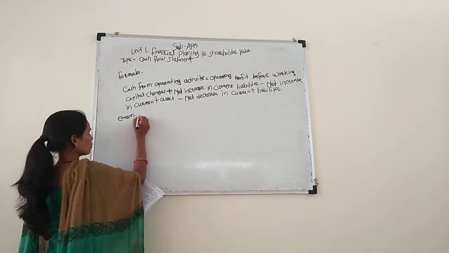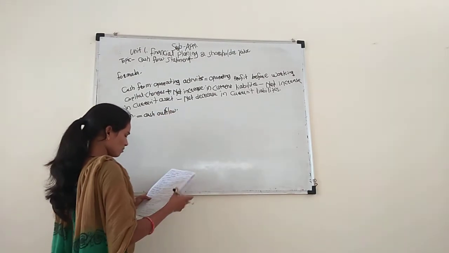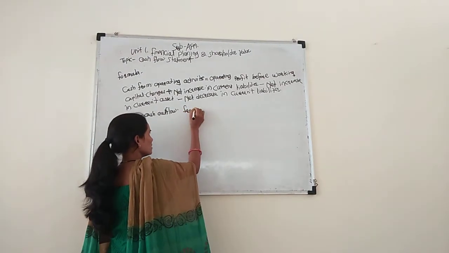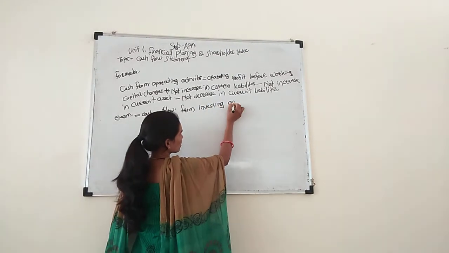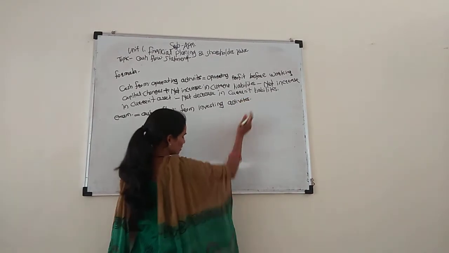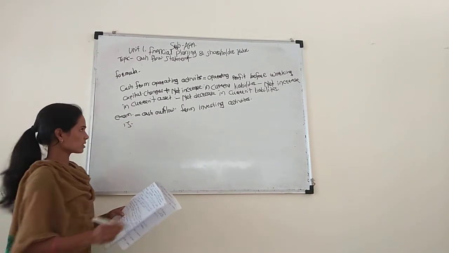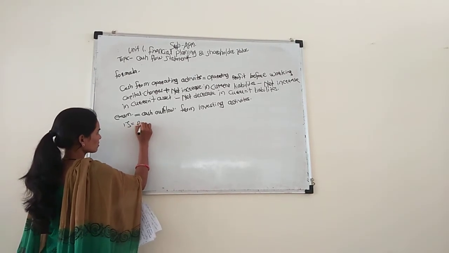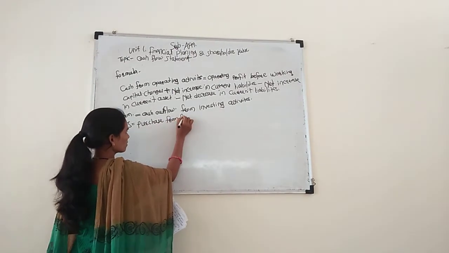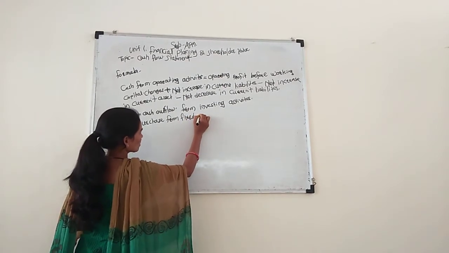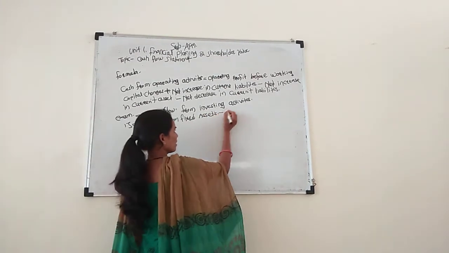The first one is purchase of fixed assets, which are land, building, machinery and furniture.